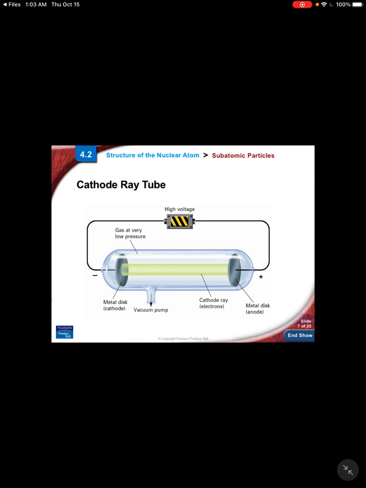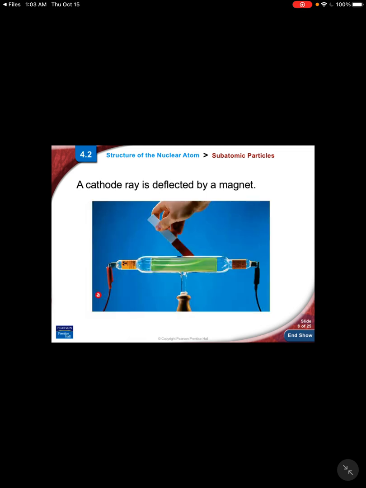In this particular view, it would be heading left to right. He was studying this stream, and he saw that it was affected by magnets. You can see here a picture of an actual cathode ray tube being deflected by a magnet. Here it's actually being attracted up to the magnet.